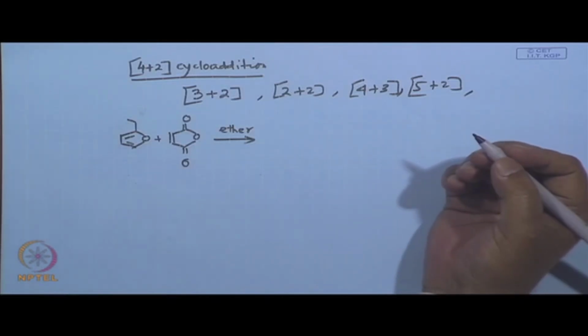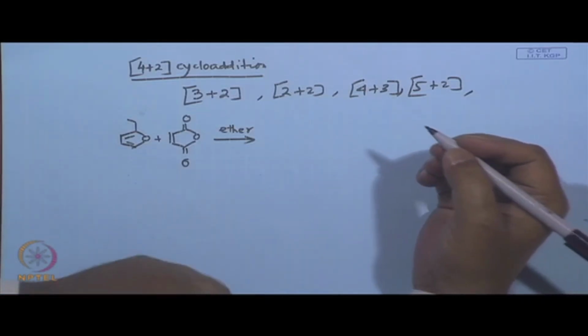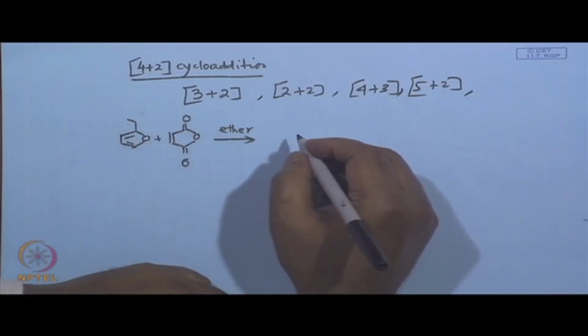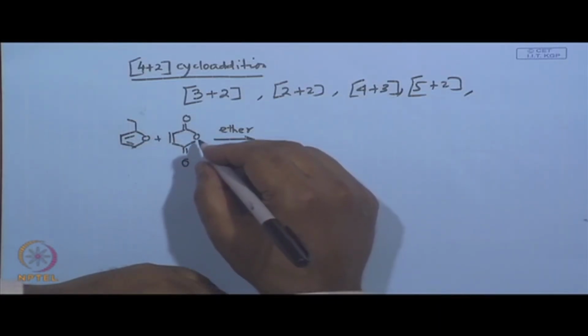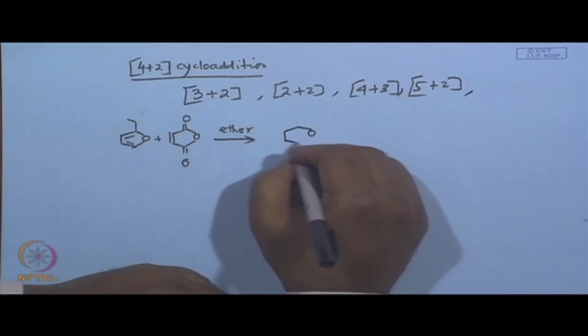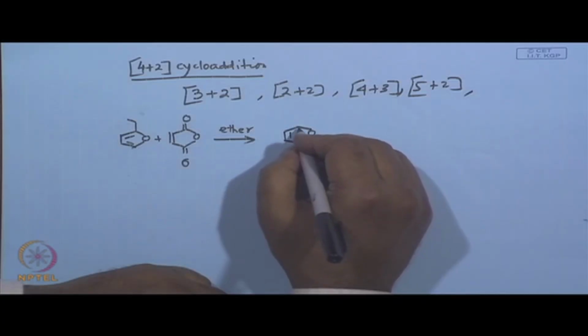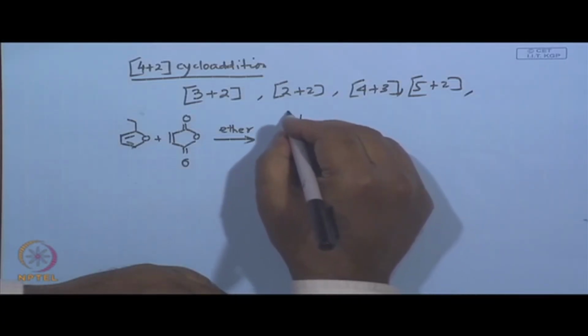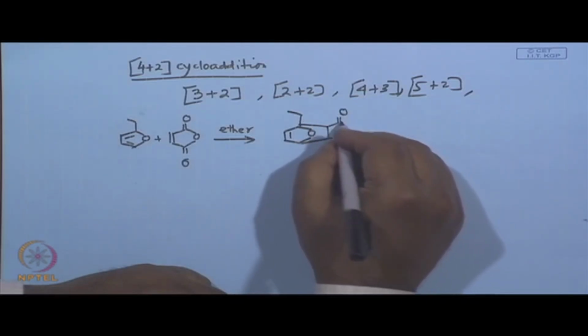So, all of you know what is the product, right? The way I have drawn, the furan acts as a diene and the maleic anhydride as the dienophile. The product that one can quickly write, I will write the linear form, and all of us know that it is endo exclusively. So what you will get?